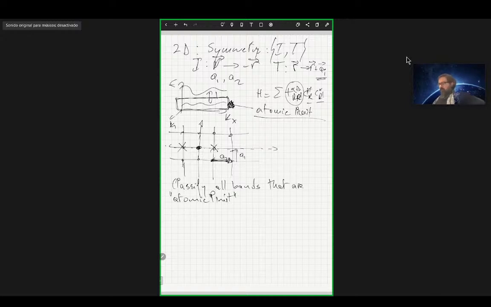So for example, what's an atomic limit? Well, imagine that on each site, for example, I put an s orbital, and I put also a p orbital. Let me give you an example of atomic limits. The simplest atomic limit is on each site.